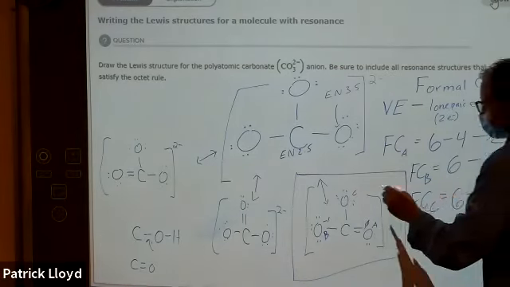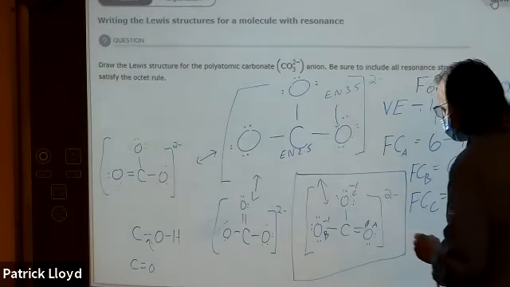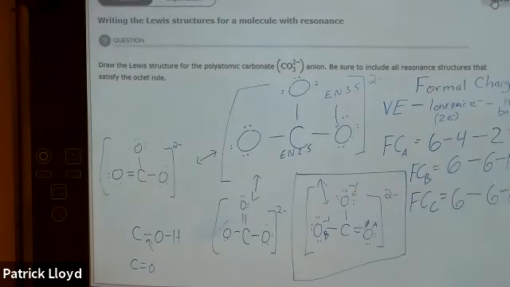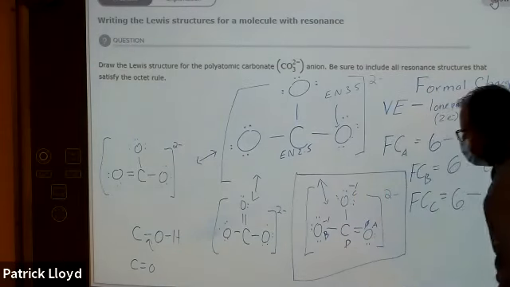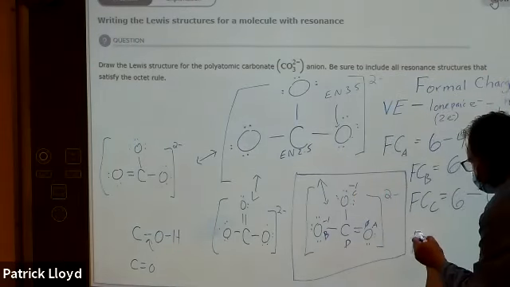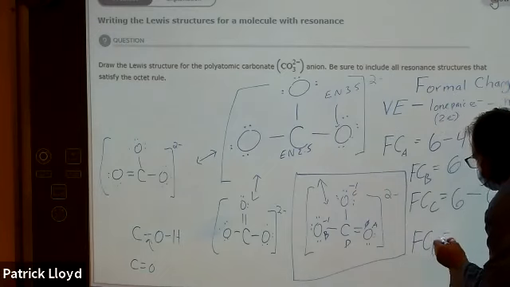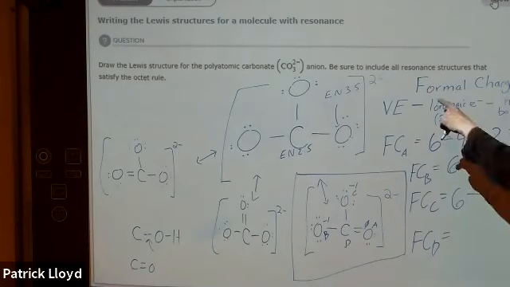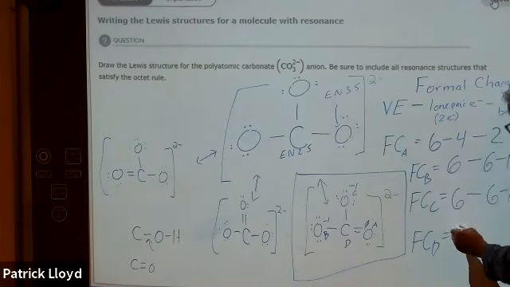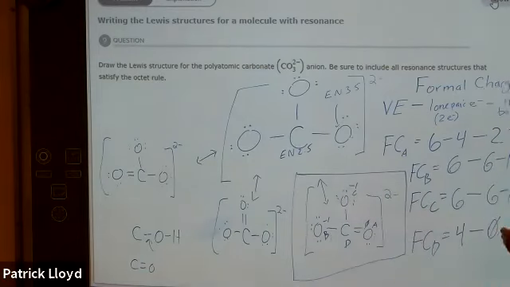So this one ends up being the same, -1. Okay. And now let's do the carbon. I'll call this D. So the formal charge of D. Now this is carbon. Carbon is in group 4A, so the valence electrons is 4. It doesn't have any lone pairs, but it has a total of 4 bonds. So you get 0.